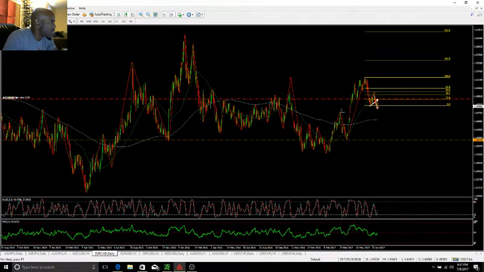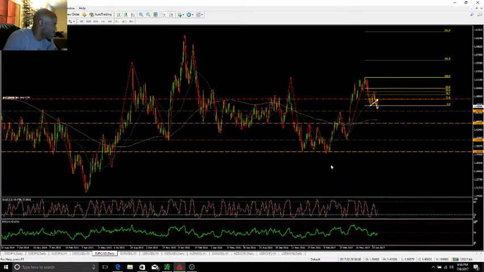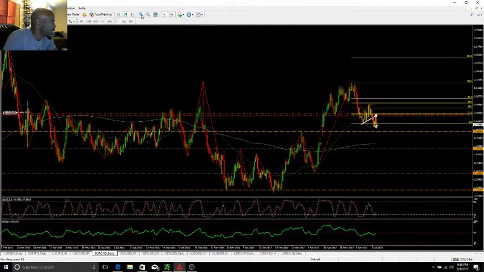We might get a little stoppage up in here, just a quick pause before we break through and continue on down. Again, you've got some other levels of support in there that price might have a quick rest at. But the play for this Euro CAD would be to short this position.